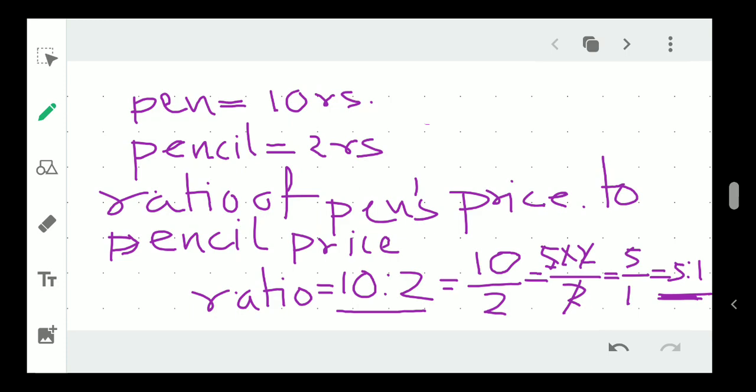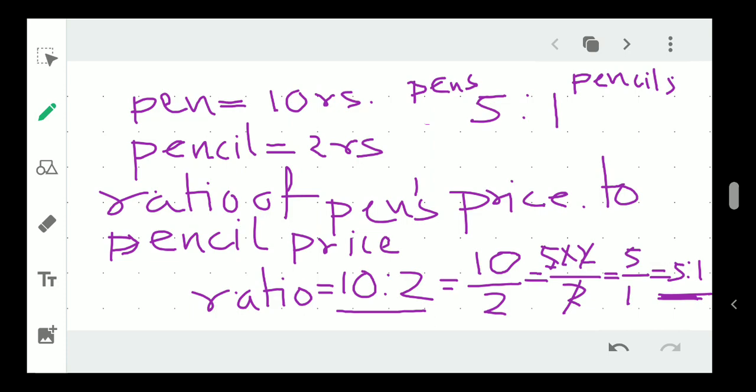So what does 5 is to 1 mean? Here, pen's price to pencil's price. So the pencil's price I have told later on. So this is pencil's price, and this is pen's. So one thing you see clearly, that the pen's price is 5, whereas the pencil's price is 1.